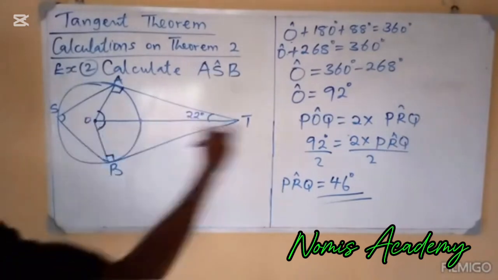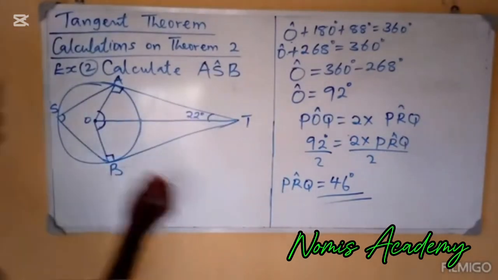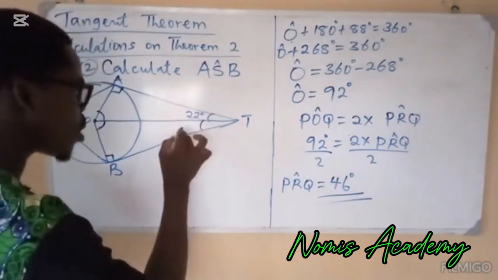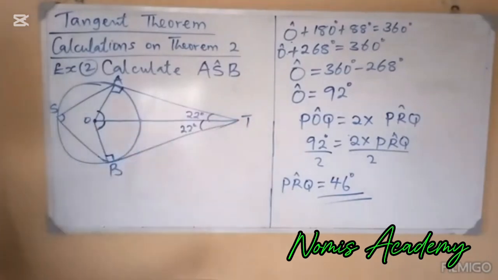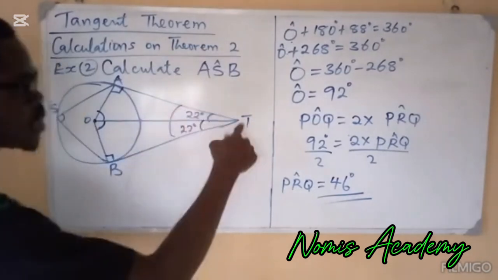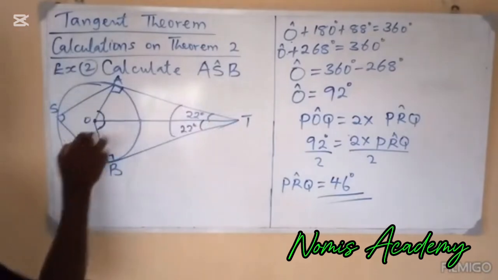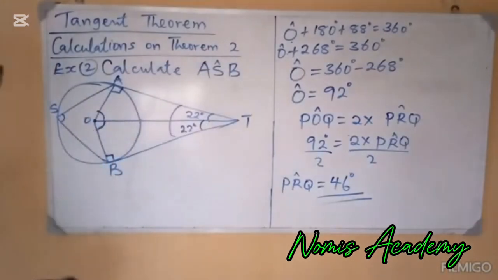So the line OT is a bisector. So it means that if this angle is 22 degrees, definitely this angle also is 22 degrees. Why? OT is a bisector of the angle at T, and line OT is also a bisector of the angle at this point.